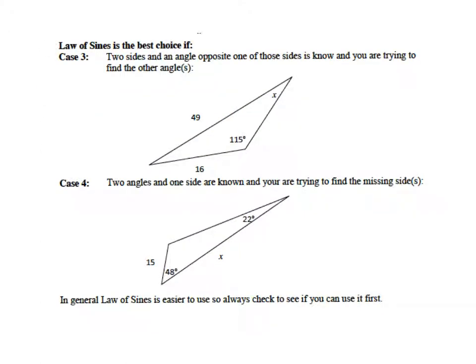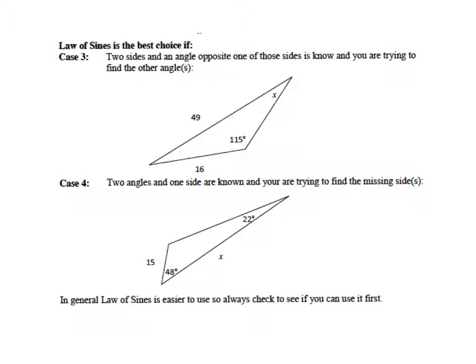Law of sines is the best choice if, and these are the next two cases, case 3 and case 4, two sides and an angle opposite one of those sides is known, and you're trying to find the other angle. So here we have these two sides, but we don't have the enclosed angle, so it's not going to be cosine law. You have one of the other angles.